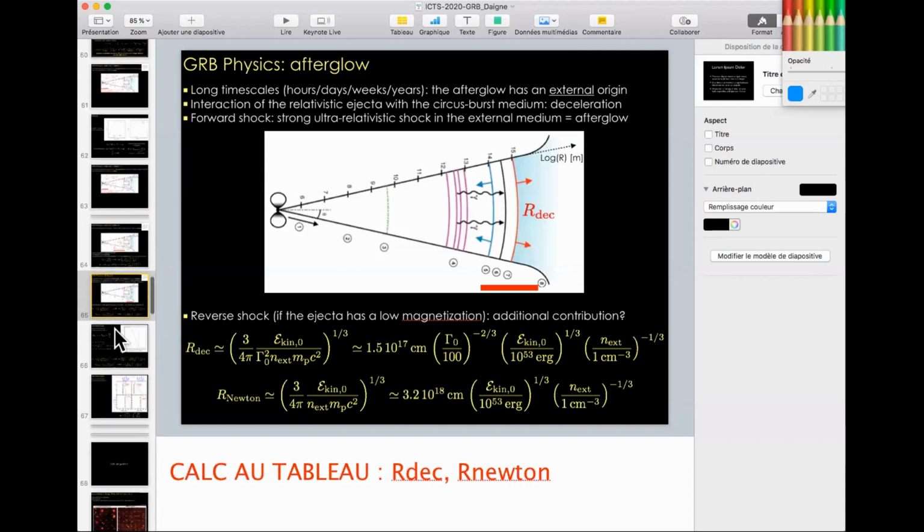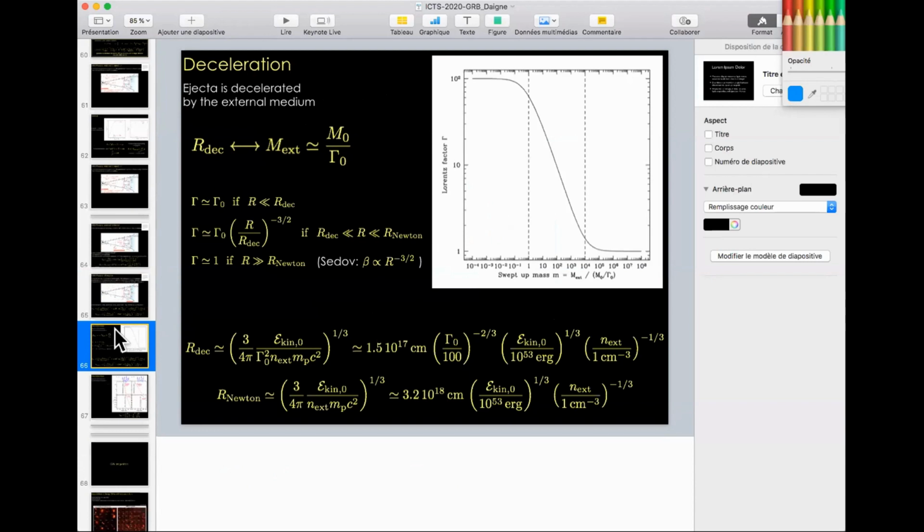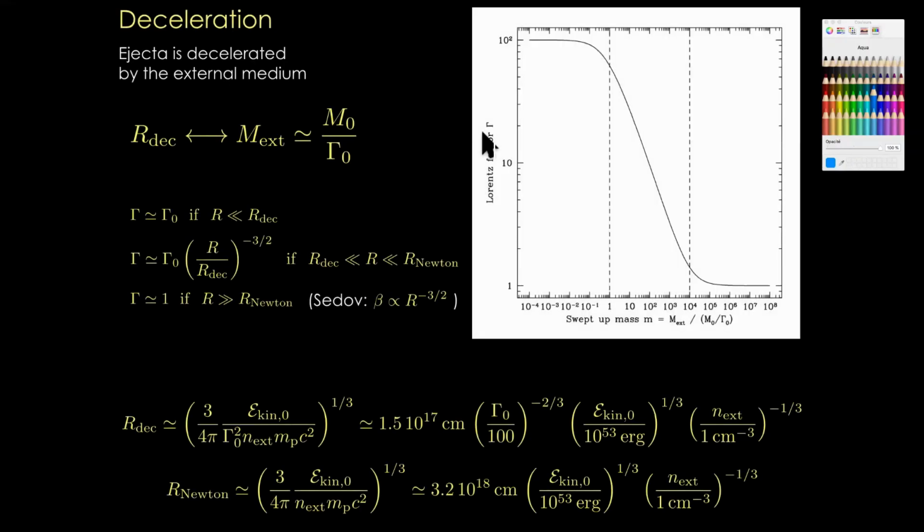So I show here the full solution for the deceleration when you solve the equation I have written a few minutes ago. So first phase, no deceleration, then power law decay in the deceleration phase. The transition here, the first dashed line, is the deceleration radius.